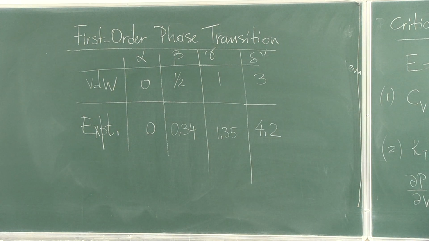Now we have to go to an example of the second order phase transition, which is the ferromagnetism. And the model I will use for this, well, many people use Ising model, whatever, okay? That I will do in my next lecture.